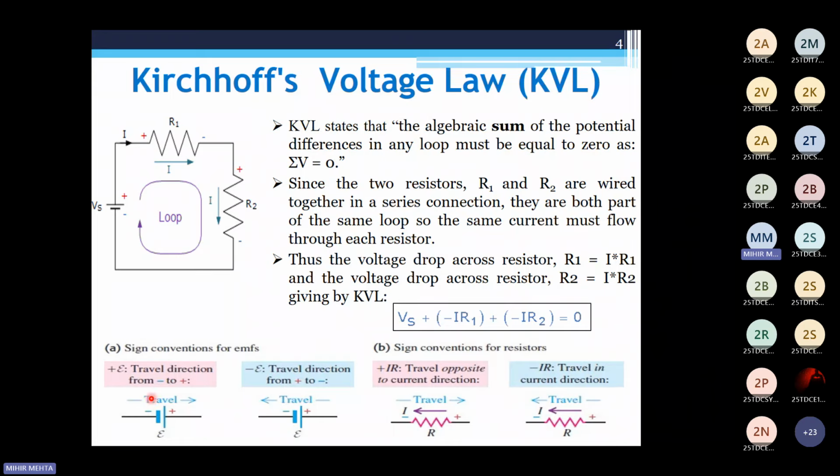If you look at the bottom of the slide, it says if you're moving through a voltage source from the negative terminal and the positive terminal immediately follows, you consider this voltage as positive, plus E. In the opposite case, if you're traveling from the positive terminal to the negative terminal, when the positive terminal is immediately followed by the negative terminal, then you take this voltage as negative E. Is this clear?